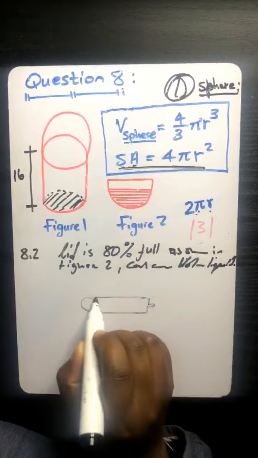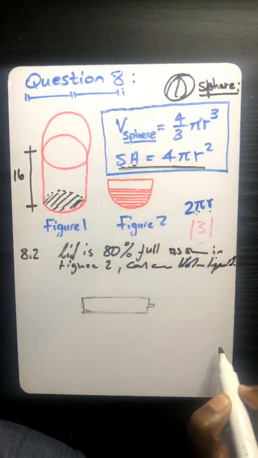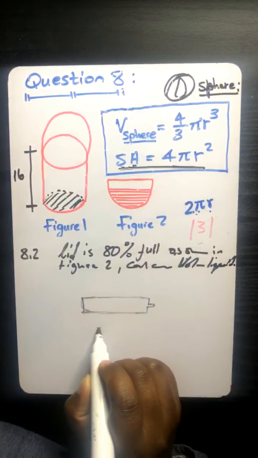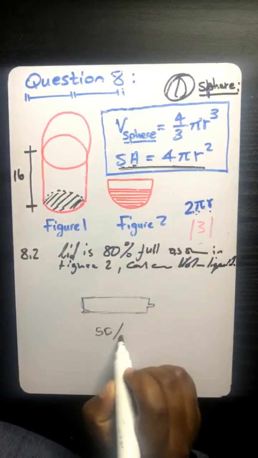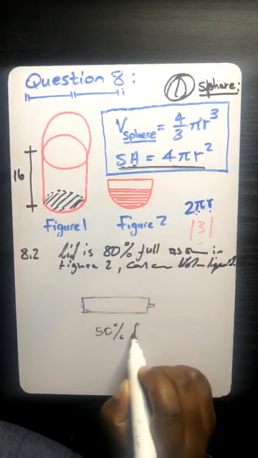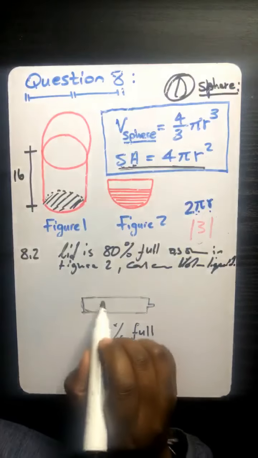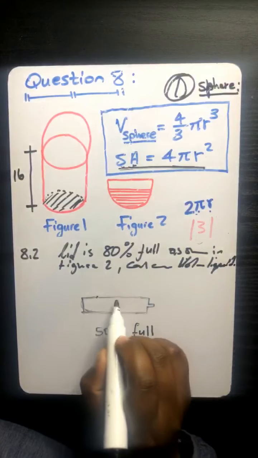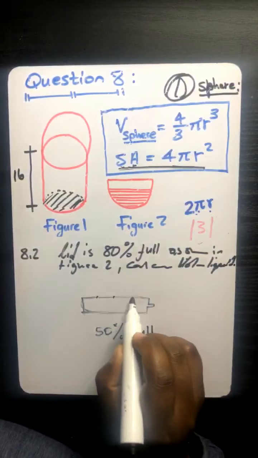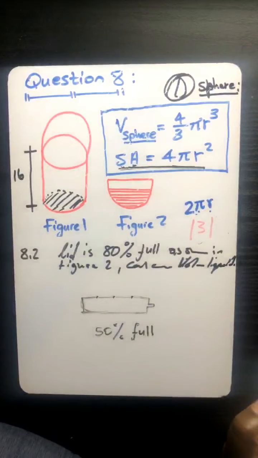So now, if the battery of your phone is 50% full, do you guys have an idea of where it will be? Let's say we have 0.1 there, we have 0.2 there, we have 0.3 there.